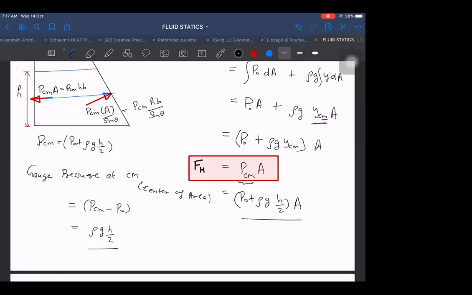In this, the P naught term will not appear. Normally everywhere the P naught term will be there when we are finding pressure. That pressure we call absolute pressure at center of mass.